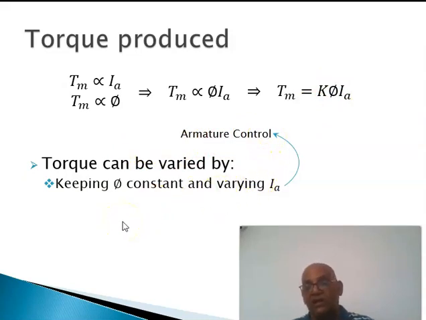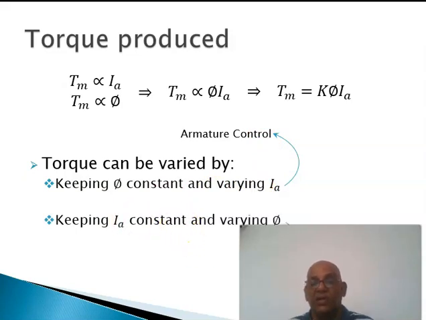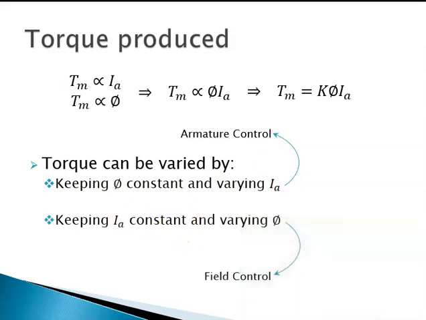On the other hand, we may also achieve different motor torques by keeping Ia constant and varying the field strength. So there are two quantities here, phi and Ia. You can keep phi, that is magnetic field strength, constant, or you can keep Ia constant.